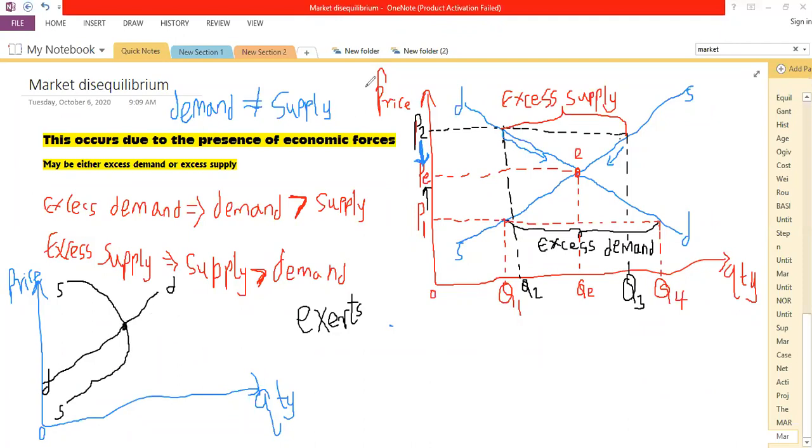If our equilibrium point is somewhere here between demand and supply, this would be our equilibrium quantity, and the equilibrium price here. I'm demonstrating an unstable equilibrium, this being the price PE. Say we have a price prevailing in the market here at a price of P2, or some 20 shillings.